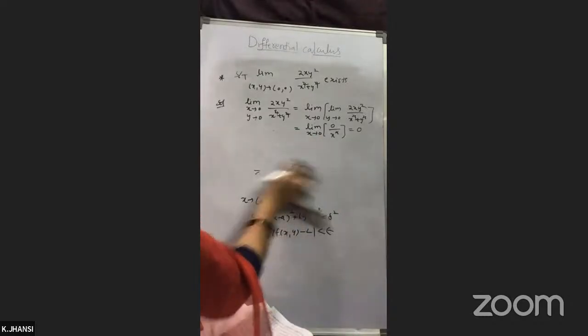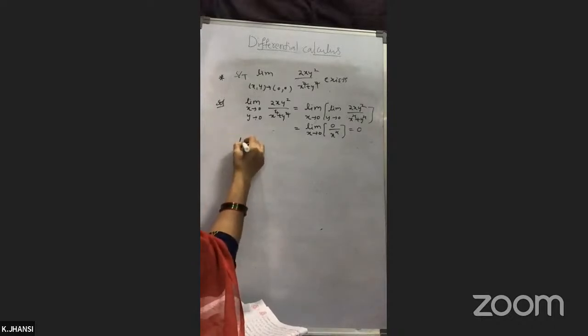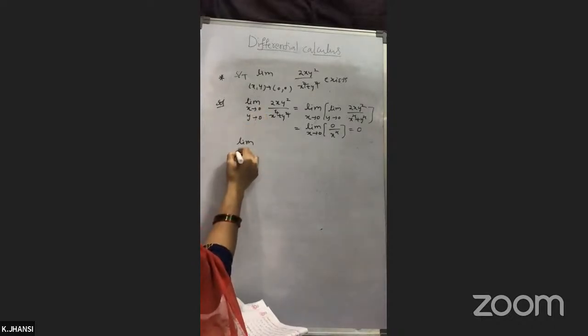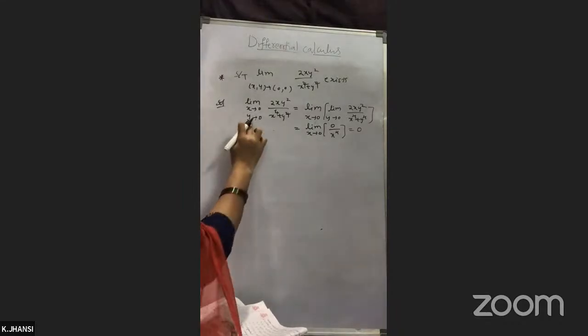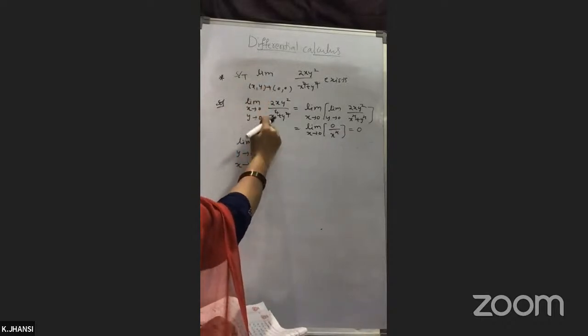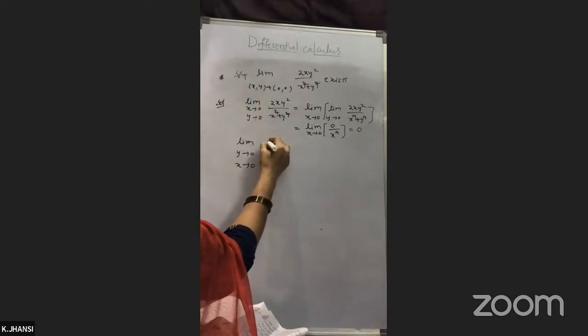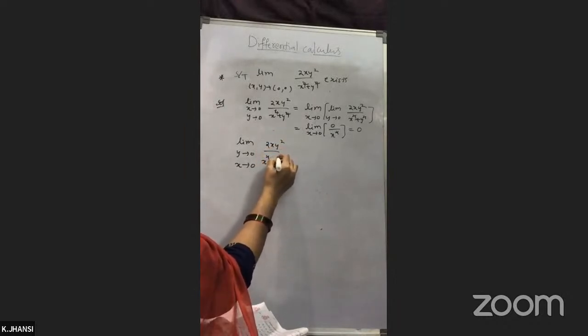Now when you take the second one, instead of RHL and LHL, we'll write like this: y tends to 0, x tends to 0, of 2xy square by x to the power of 4 plus y to the power of 4.